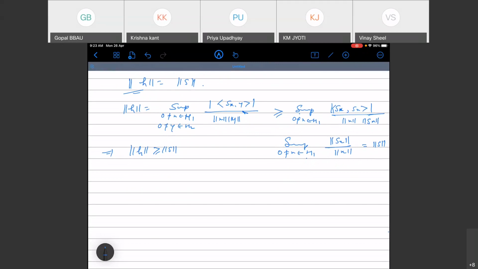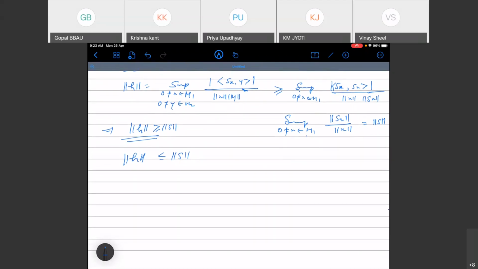So from here what you get is norm h is greater than or equal to norm s. You have proven one inequality. Now you will prove norm h is less than or equal to norm s. For this, use the Cauchy-Schwarz inequality, which says sx comma y is less than or equal to norm sx norm y. Use this, you will get the desired thing. So let me write it for you.